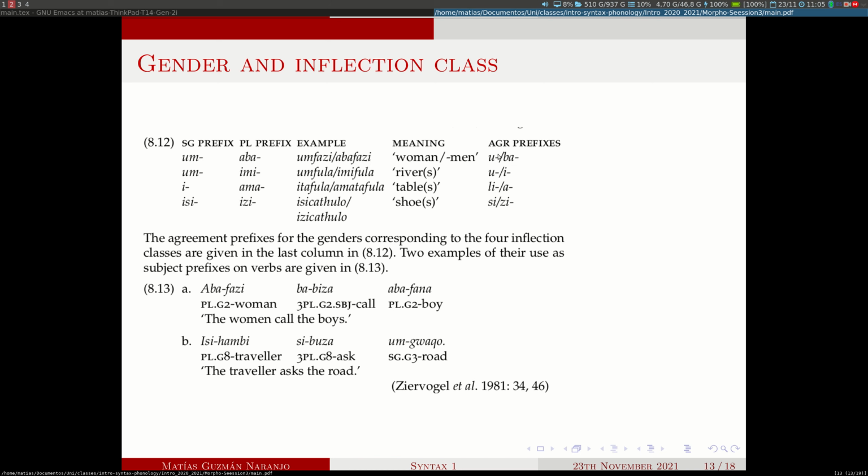Woman has a gender, and the gender is given by the agreement prefixes. Yes, so the woman called the boys, and there's agreement with the woman. No second agreement, there's just agreement with the woman. The same situation here. You have a plural inflection class marker for traveler, and you have the agreement for that class.